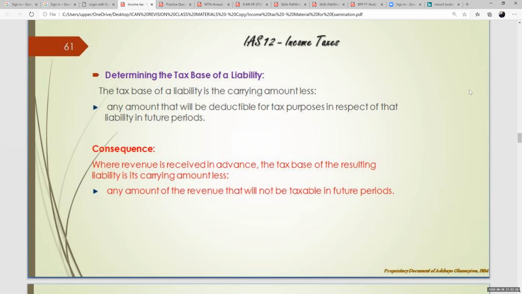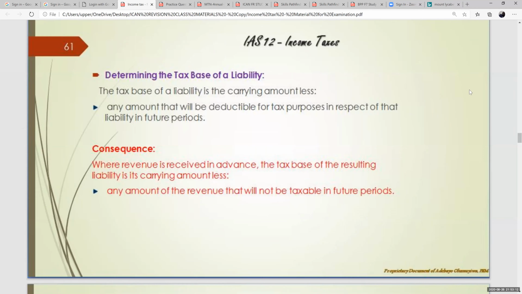Such liability, the tax base will be the carrying amount of that liability less the amount of revenue that will not be deducted for tax in the future, or because you have taxed it last year when I didn't recognize it as income, or because you have claimed that I've received it. Therefore, you taxed it when it was received. The subsequent year, when I'm now recognizing it as an income, it can't suffer tax the second time, or because it is going to be exempted in this year, or because it has been subjected to tax in the earlier year. And that's what we are trying to explain.